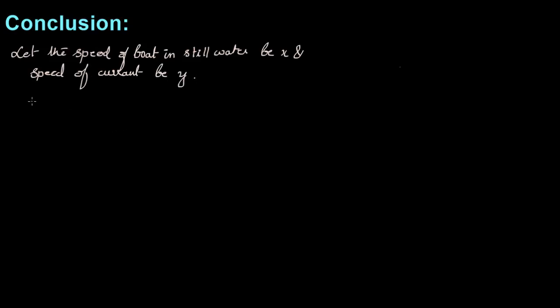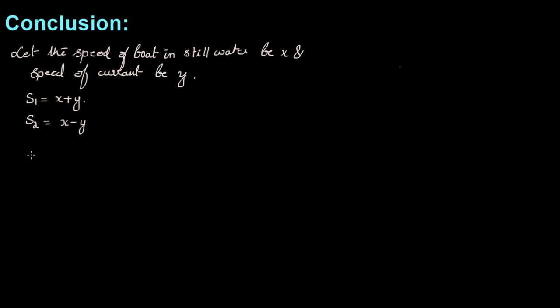Let S1 be the speed of boat in downstream. So S1 will be equals to x plus y. And let S2 be the speed of boat in upstream condition. So this will be equals to x minus y.